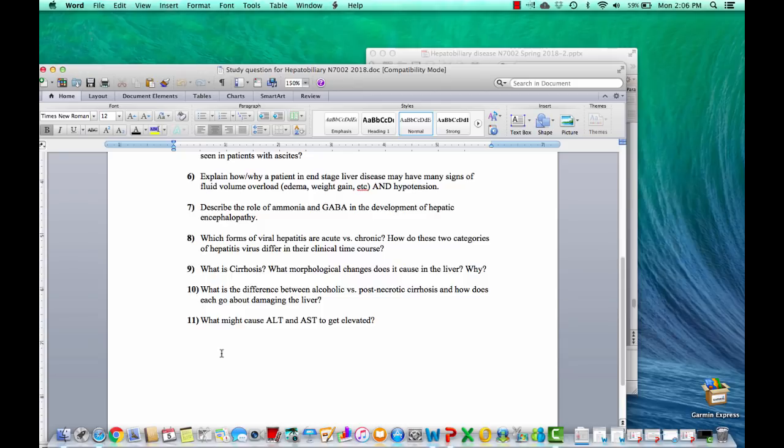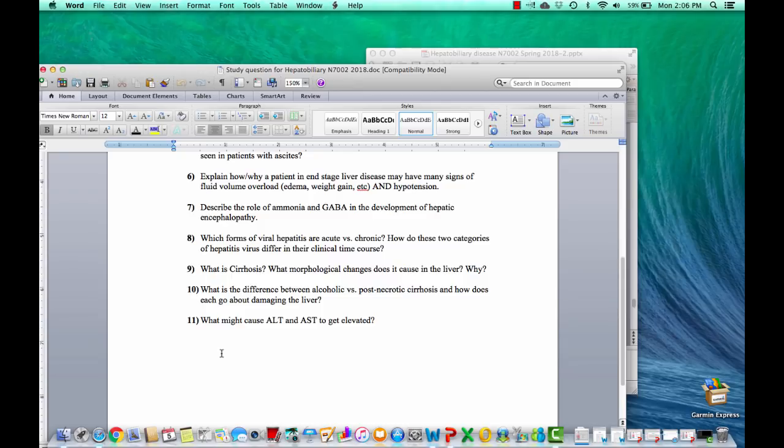And then number 11 is asking about ALT and AST, alanine transaminase and aspartate transaminase, which are two of the transaminase enzymes that we find inside liver cells. Okay. And so if we do a blood analysis looking for those enzymes, because all cells in our body have a turnover rate, those enzymes are going to be present in the bloodstream.